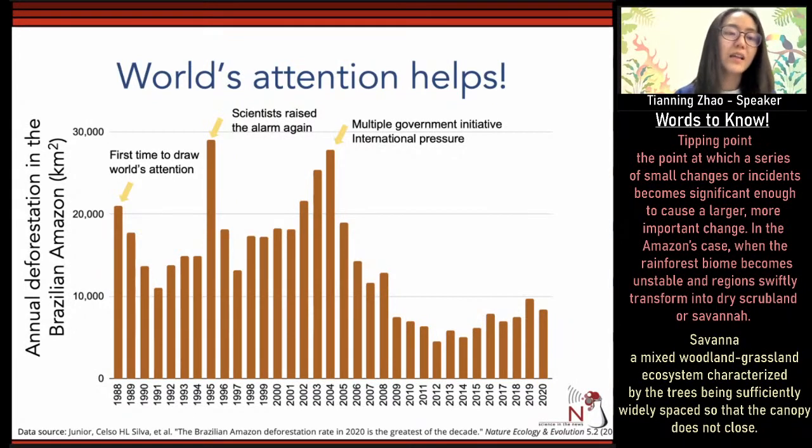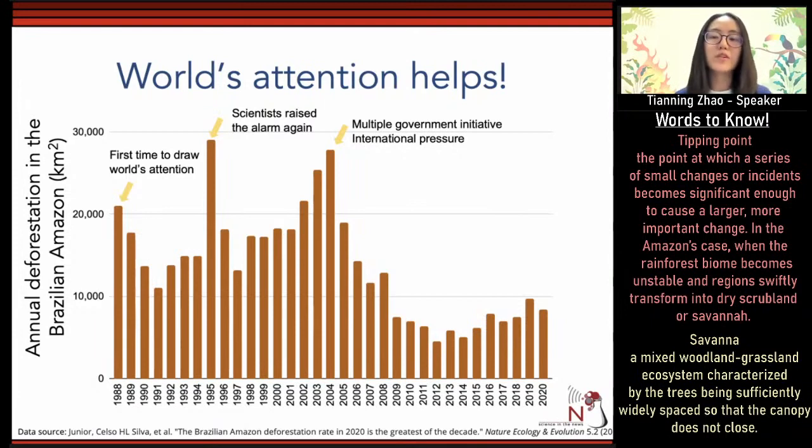And you can see that within each time period where it attracted the world's attention and got this pressure, the deforestation rate could actually go down. The most significant one was what happened in 2004, when the action plan for the prevention and control of deforestation in the legal Amazon was launched.